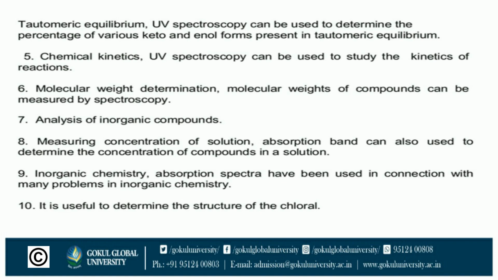Now the fifth, chemical kinetics. UV spectroscopy can be used to study the kinetics of reactions. The sixth is molecular weight determination. Molecular weight of compounds can be measured by spectroscopy.